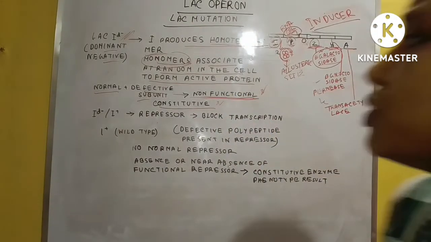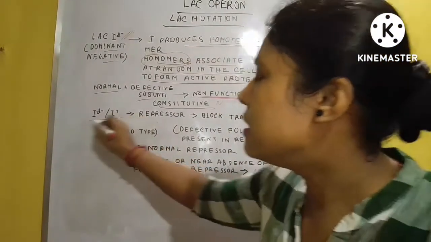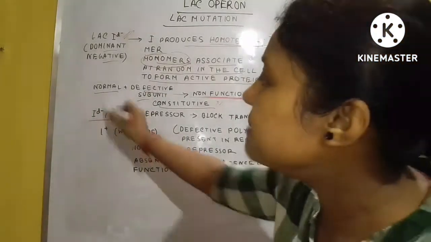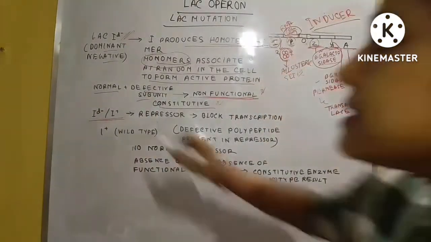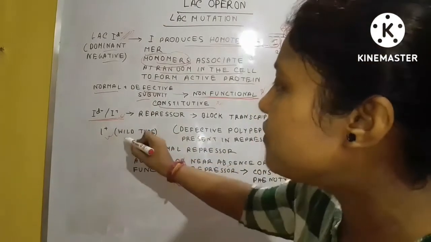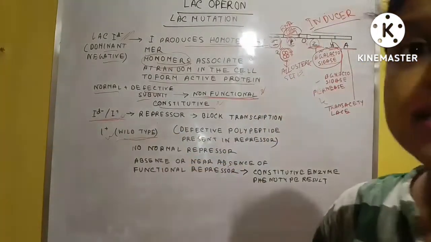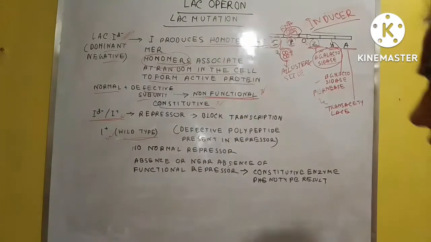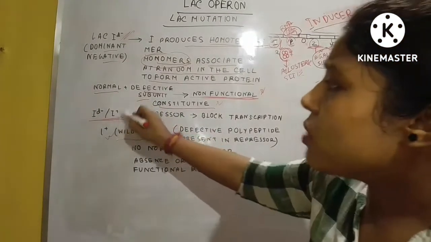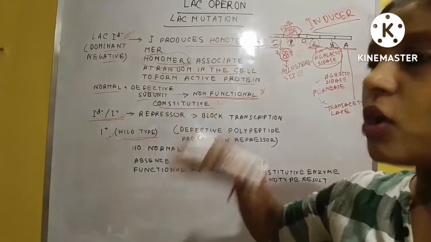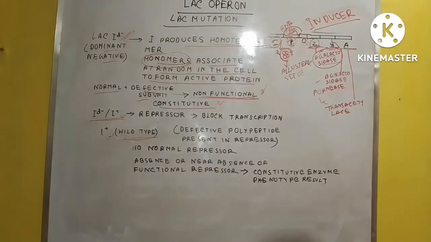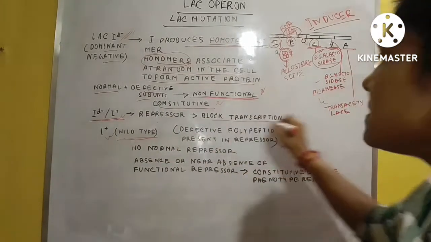Clear? So this is example one diploid, that is ID minus and I plus. You can see the I plus that is positive or wild type, and in case of I plus that produces obviously normal repressor. Okay, and if the normal repressor is present within the medium, what happens? Obviously that blocks the transcription process.